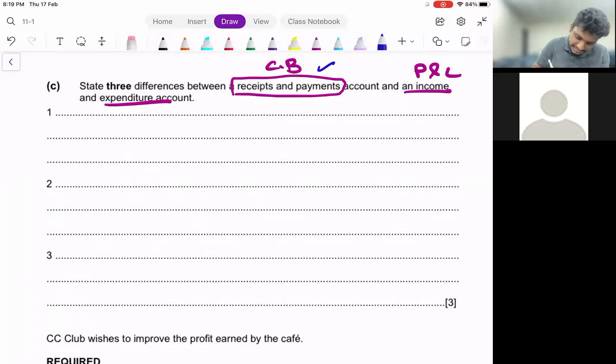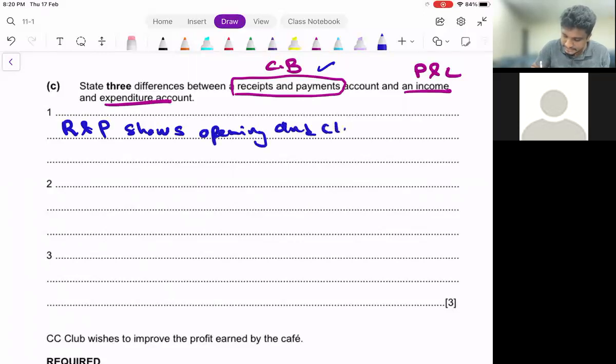They have surplus or deficit for the year. Okay, so first one, I use short form, but in the exam, no short form. Receipt and payment shows opening and closing bank balance.